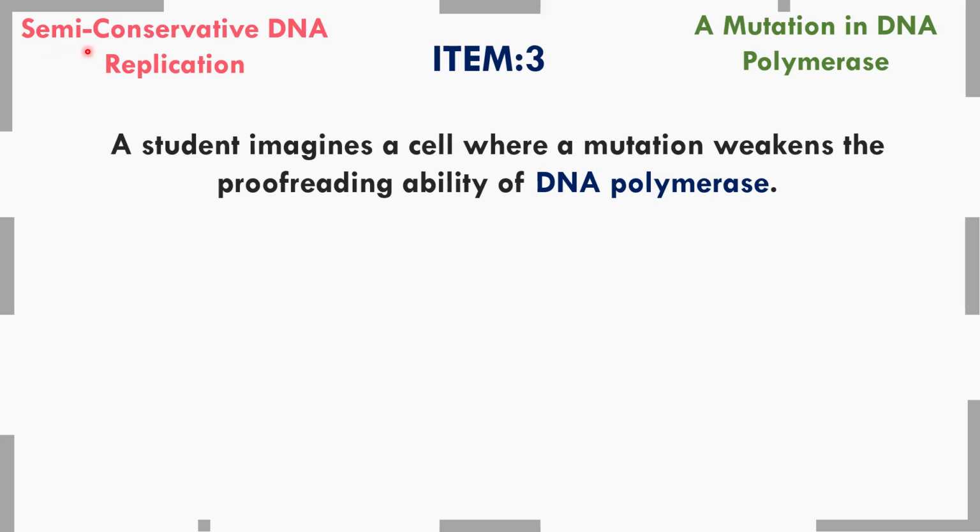We are still in semi-conservative DNA replication. Now we are going to emphasize on a mutation in DNA polymerase. Item 3. A student imagines a cell where a mutation weakens the proofreading ability of DNA polymerase.